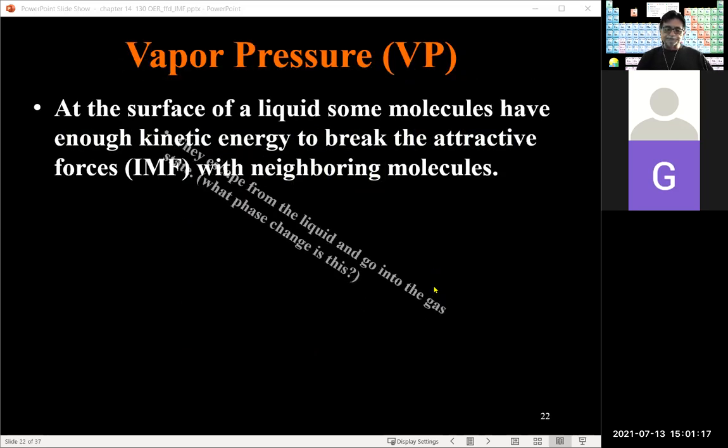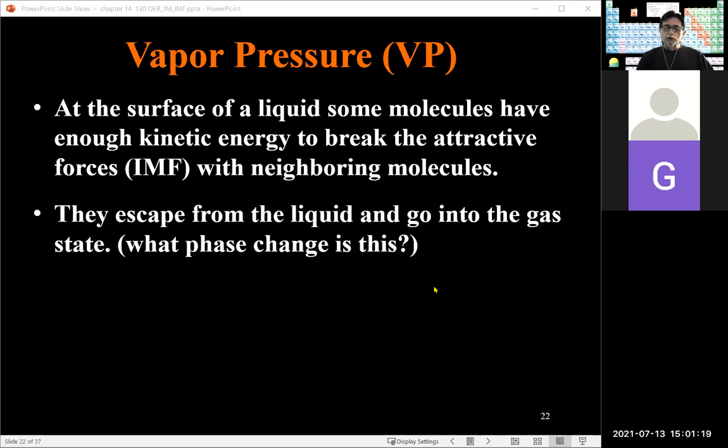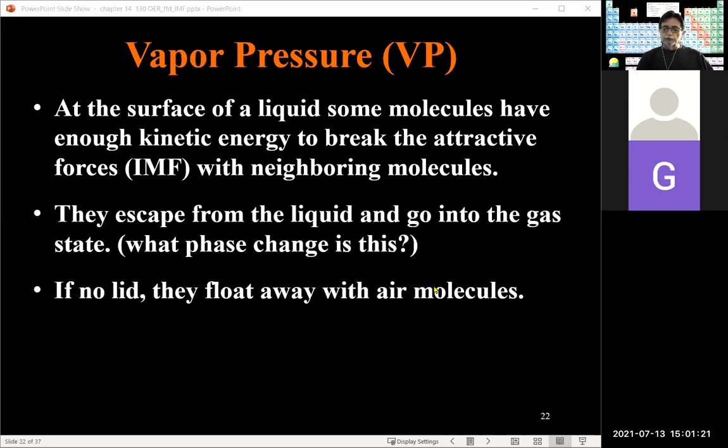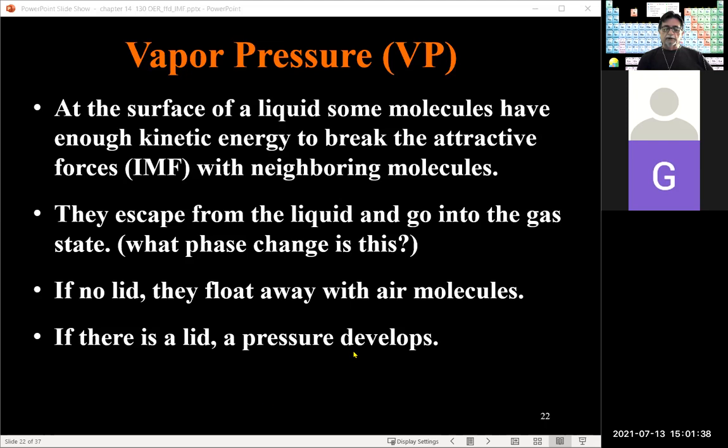So vapor pressure, as I mentioned, is, in a closed container, the amount of liquid that has gone into the gas phase. Obviously, we know that if we take the cap off, it will eventually evaporate, right? Because the molecules are bouncing around with each other.